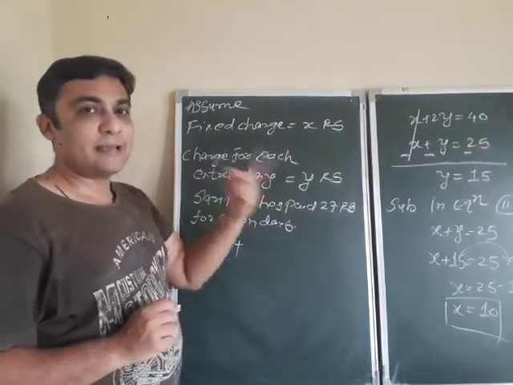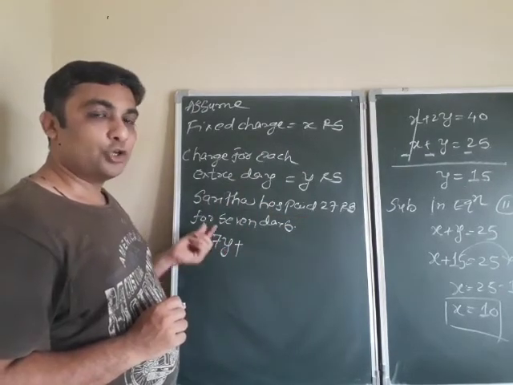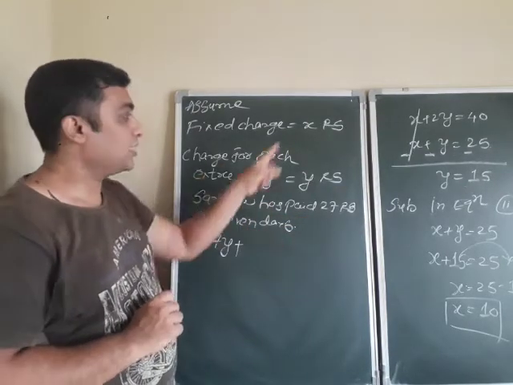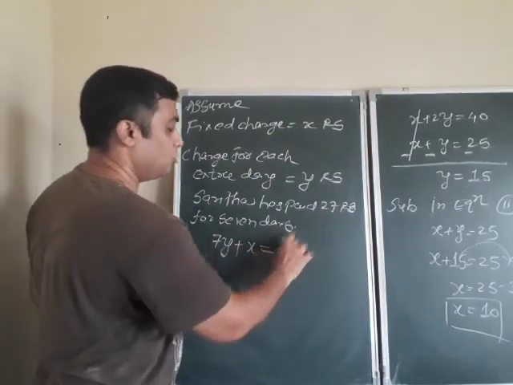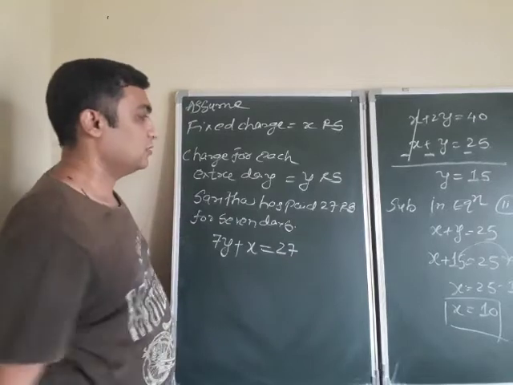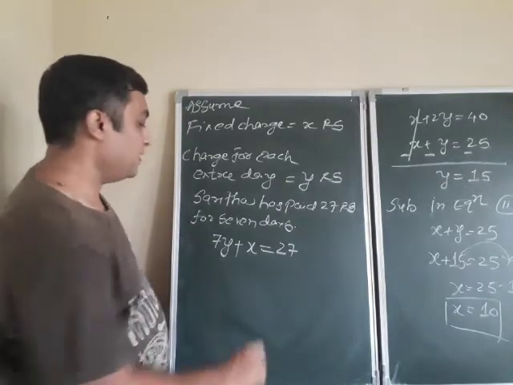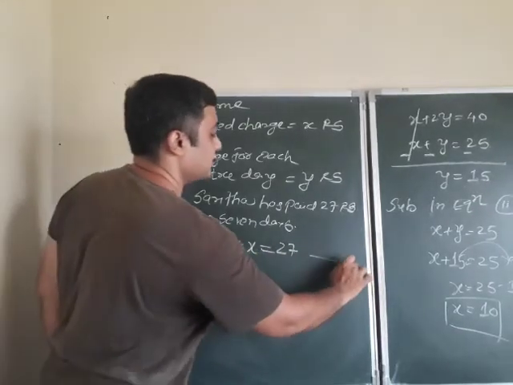The fixed charge is always applicable on your total amount. So the total amount is 7Y plus X, and the total amount she paid is 27. Clear? So 7Y plus X is 27.